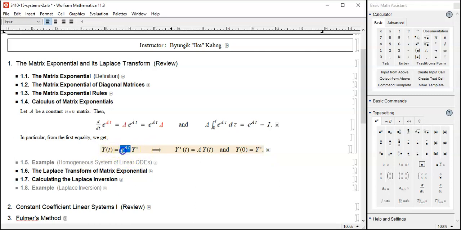So if you calculate e to the A T power, then multiply by y star, which is explicitly given along with the initial condition, or you can just put C1, C2, C3 all the way up to Cn if you're looking for just the general solution. In any case, the key is this part. If you calculate e to the A T power, then finding the solution of the homogeneous system is easy.